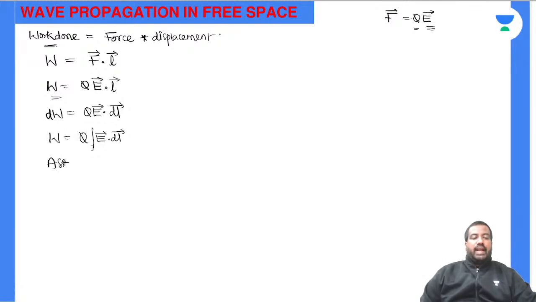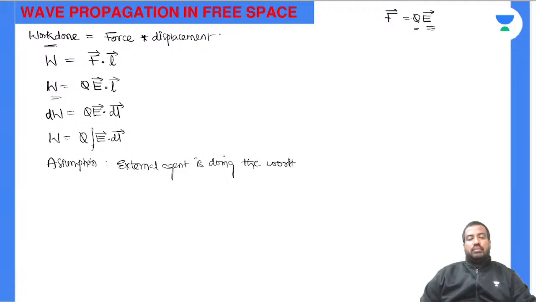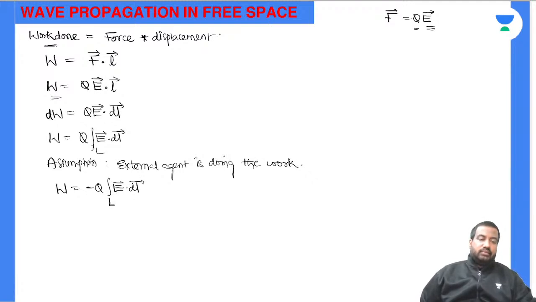If I assume that an external agent is doing the work, the work done will become negative. W is minus Q into integral of E dot dl taken over a path length of L.